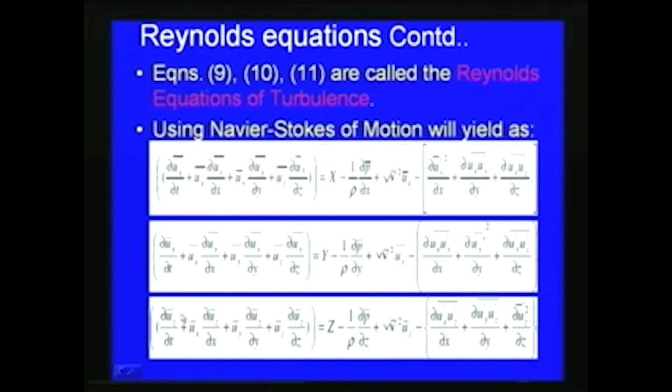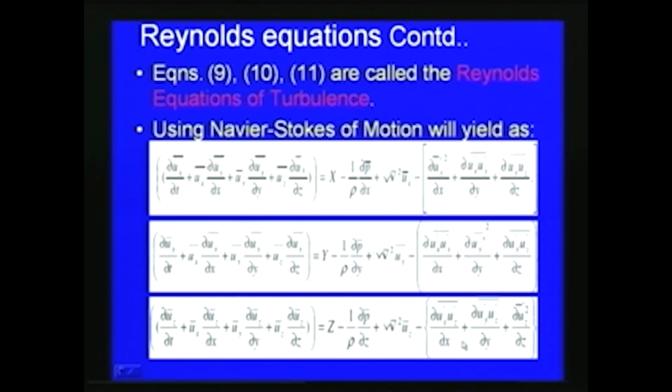And in z direction we can write: del u z bar by del t plus u x bar del u z bar by del x plus u y bar del u z bar by del y plus u z bar del u z bar by del z is equal to Z minus 1 by rho del p bar by del z plus nu del square u z bar minus del u x dash u z dash bar by del x plus del u y dash u z dash bar by del y plus del u z dash bar square by del z.